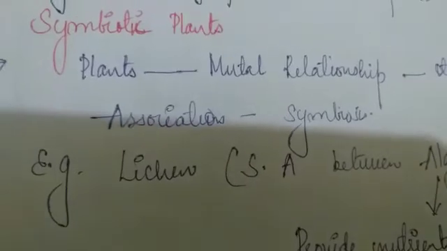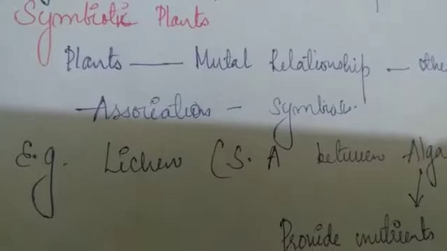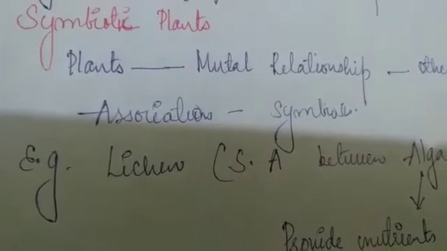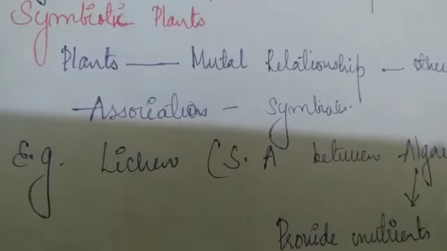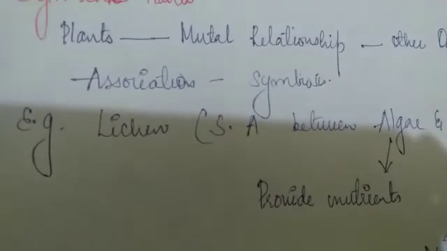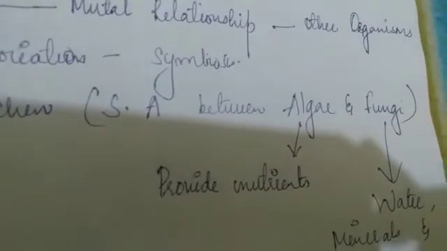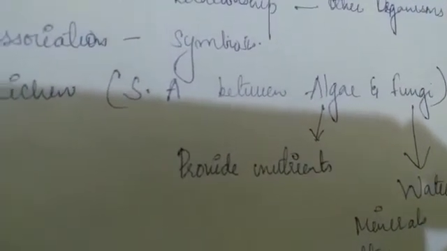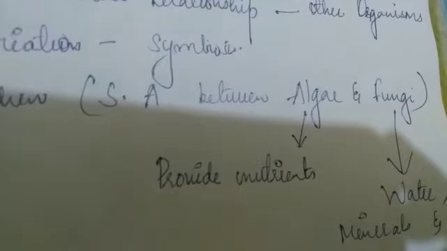This association is called symbiosis. Plants are known as symbiotic plants, whereas this type of association is called symbiosis. The example is lichen, a symbiotic association between algae and fungi. Here algae are benefited by fungi and fungi are benefited by algae.